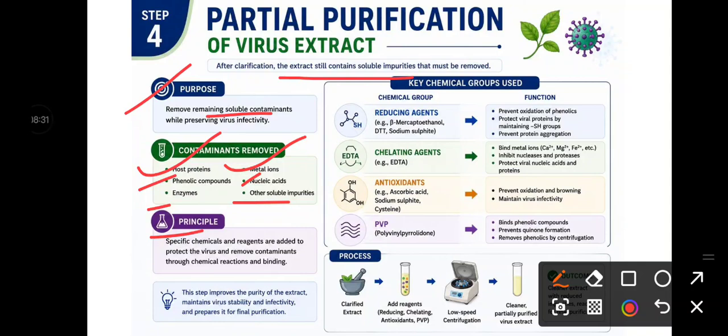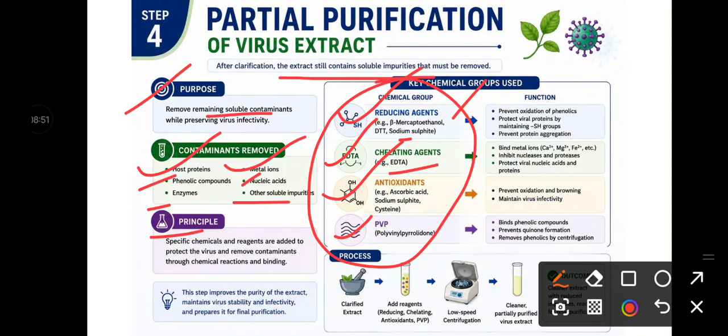So what are the chemicals that are used? We have to use some reducing agents like beta mercaptoethanol, sodium sulfide. Also chelating agents like EDTA, antioxidants, then polyvinyl pyrrolidone. So these are some chemical groups that we generally use during the partial purification process.